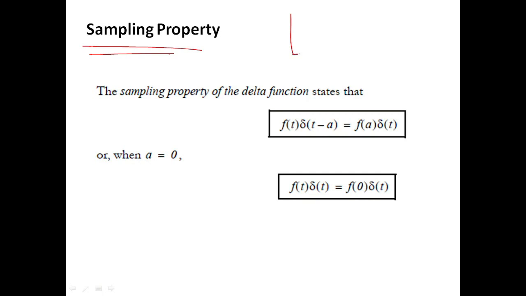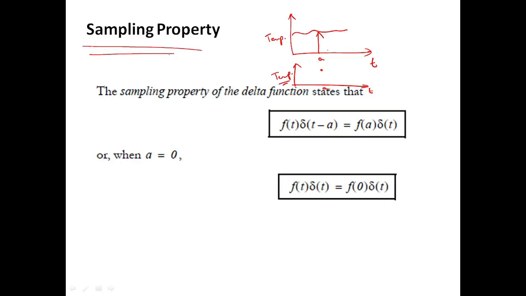Say for example, we have a temperature versus time curve. Suppose at time a we have a Dirac impulse. What should be the output? We will get a single point at a.